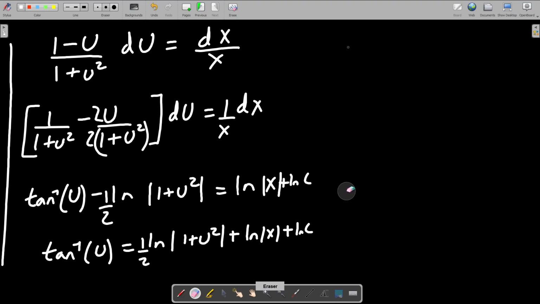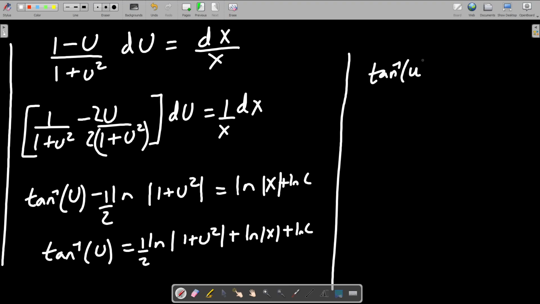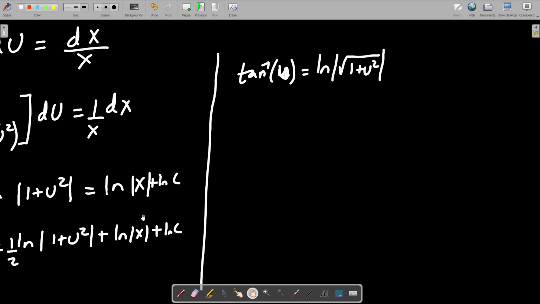I'm continuing again here. So I'll get tan inverse of u equal to ln of the square root of 1 + u^2, since ln of half means 1 + u^2 to the power half, which is a square root.